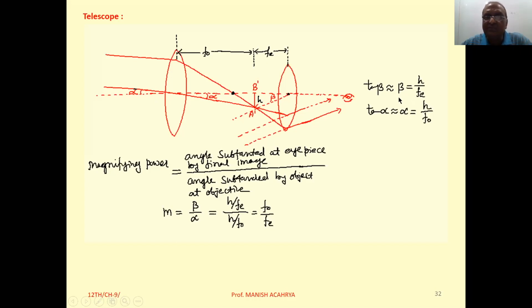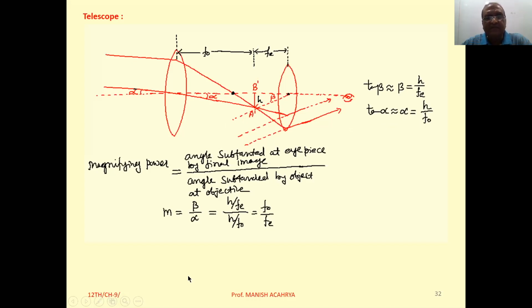Beta is very small, so tan beta is nearly equal to beta, that is H upon Fe. Similarly, in the figure we can see tan alpha is again opposite, A dash B dash, that is H, upon adjacent FO. Alpha is again very small, so tan alpha is nearly equal to alpha, that is equal to H upon FO.